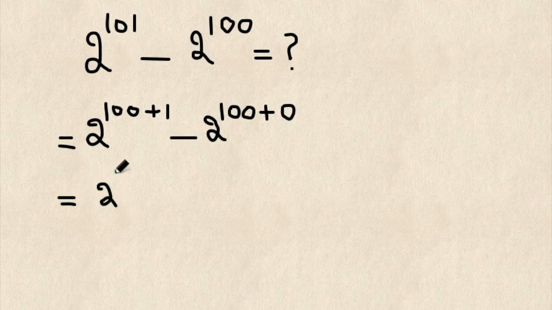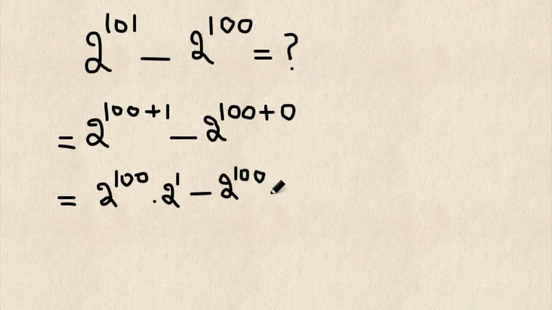Split the power, you have 2 power 100 into 2 power 1 minus 2 power 100 into 2 power 0.